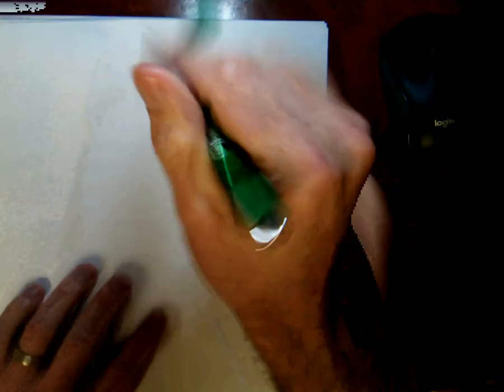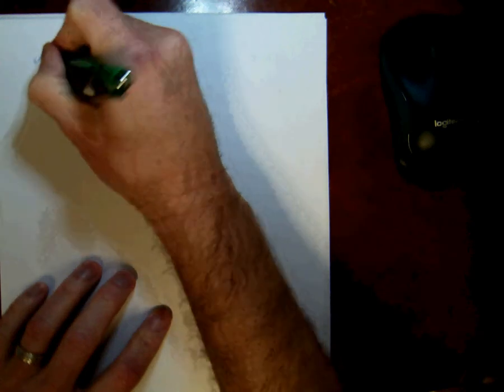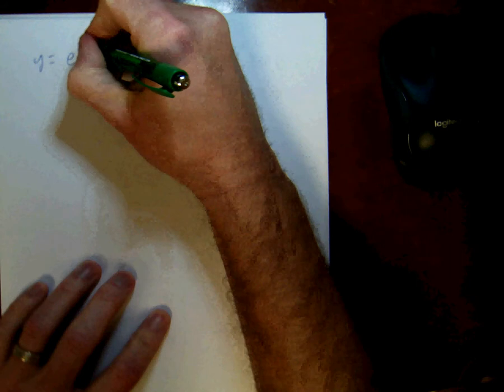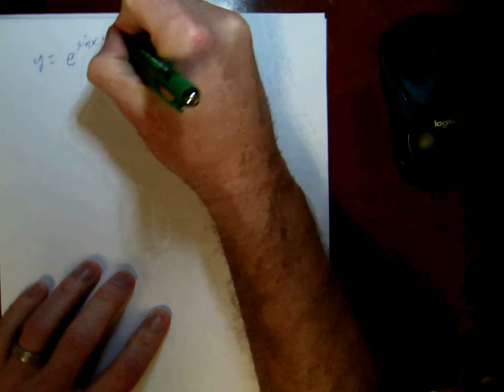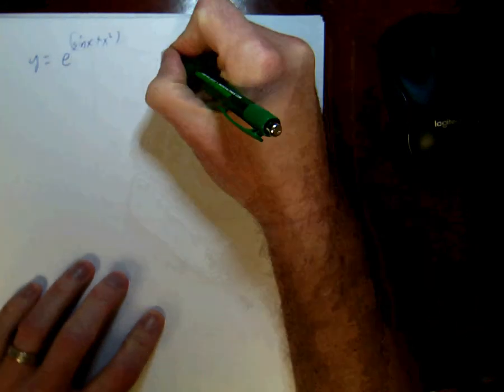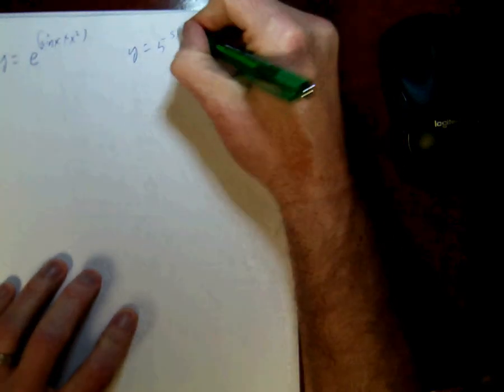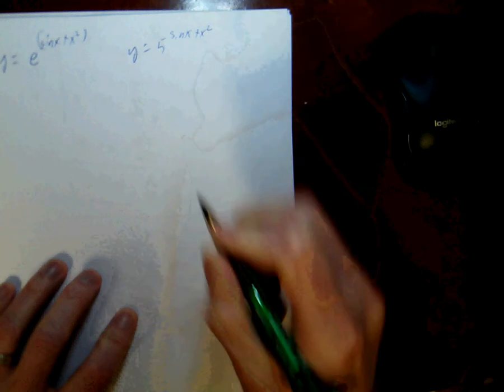So, your turn. I want everyone to write these down and do them. We're going to give y is equal to e to the sine x plus x squared, and then y is equal to 5 to the sine x plus x squared.